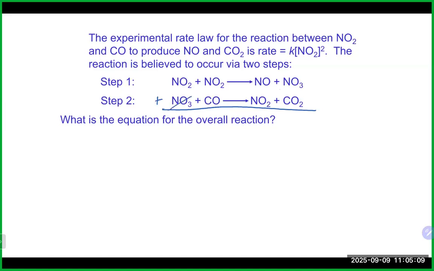So the NO3 will cancel, and we also have an NO2 here that we'll get rid of, and that's everything else at this point. That will leave us an overall reaction where everybody on the left-hand side of the arrow stays there and everybody on the right-hand side stays there. This is my overall reaction in this case. First off, any questions on that?